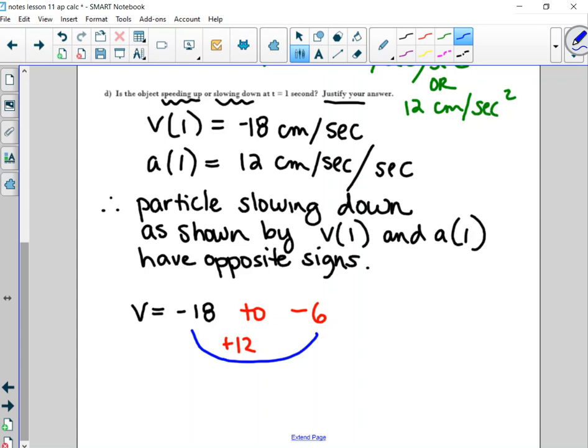A negative 18 accelerating at 12 goes to a negative 6. Speed-wise, that's an 18, because speed is the absolute value of velocity, to a 6. That's slowing down.